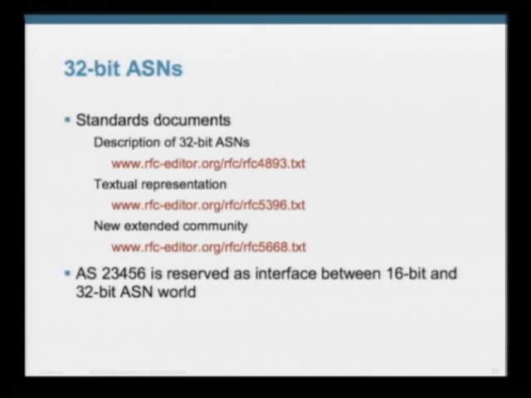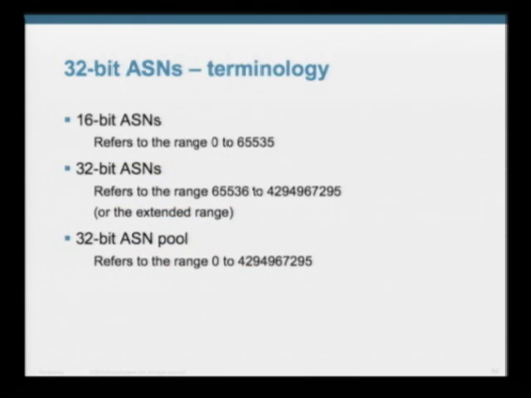As I said at the start, AS23456 is reserved as the interface between the 16-bit and the 32-bit world. So those of you who are using BGP on older routers or older software, probably wondering about all these 23456s appearing. Guess what? That's your representation of the 32-bit AS numbers that are now being used.